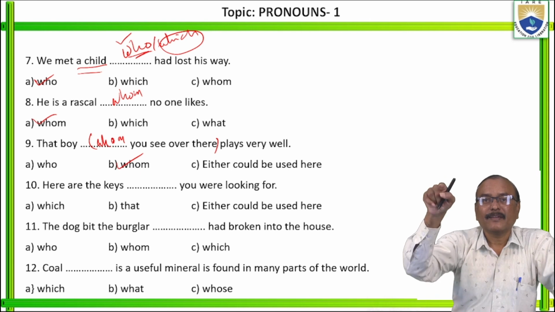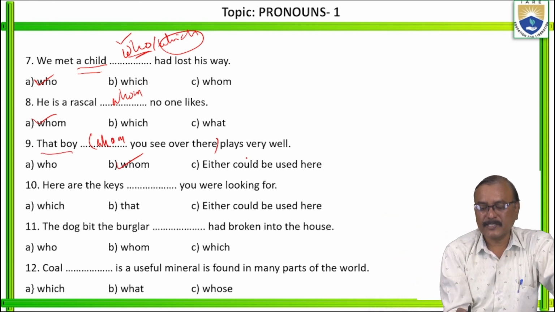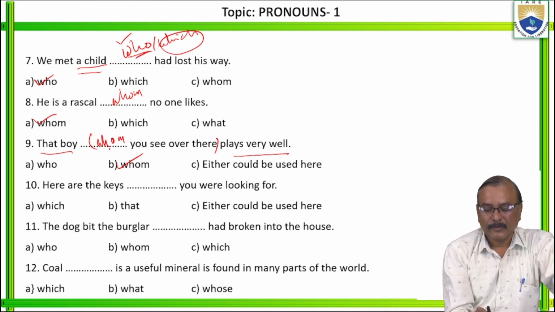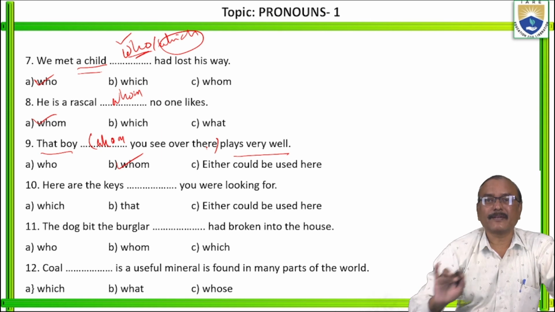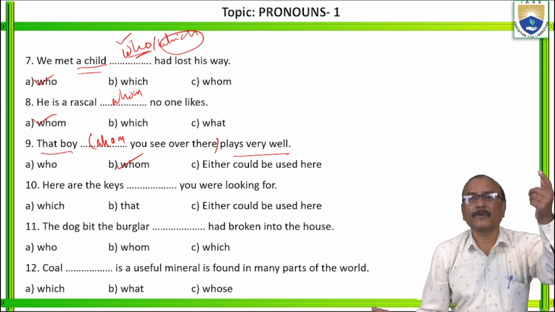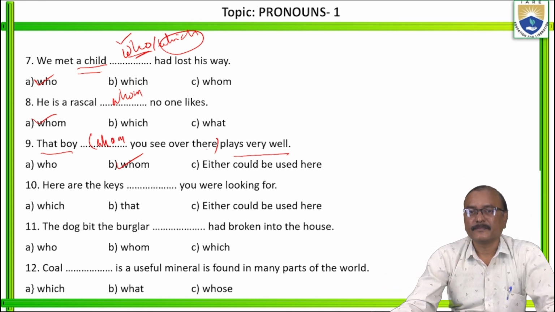That boy whom you see over there plays well. So this one and this one should be in one tone, and whom you see over there should be in another tone while reading or while speaking. The boy whom you see over there plays very well, right?